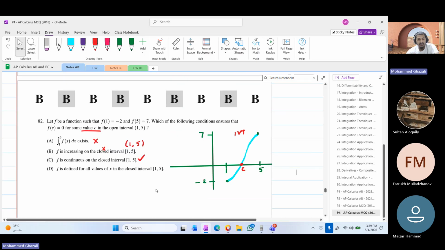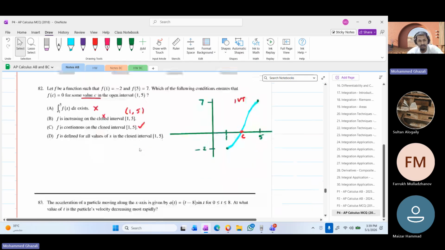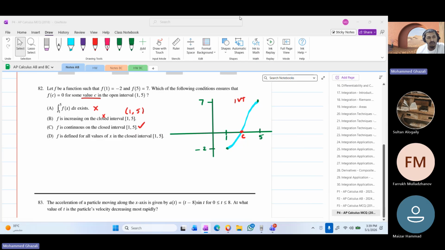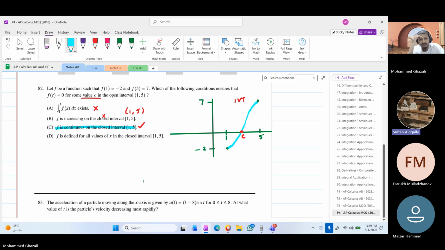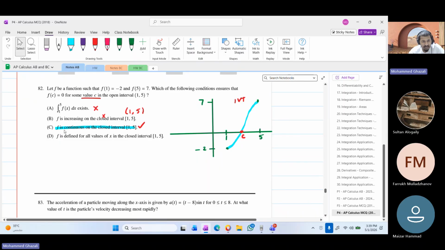Let's get back here. So this is the best answer. This is one of the three conditions that we need to use for the intermediate value theorem. The rest of them are not conditions. What does D even mean? It's defined for all values of x in the closed interval. It means that the value of c can be at either point. No, this is not a condition for the intermediate value theorem.